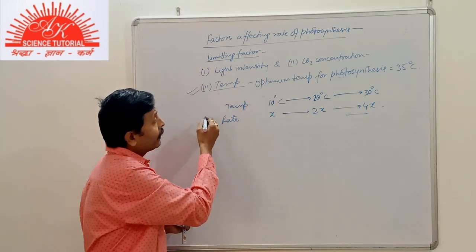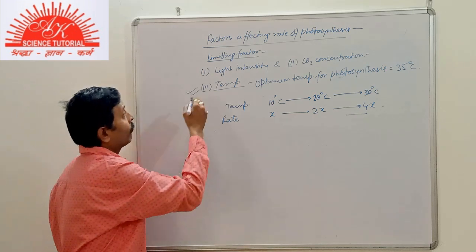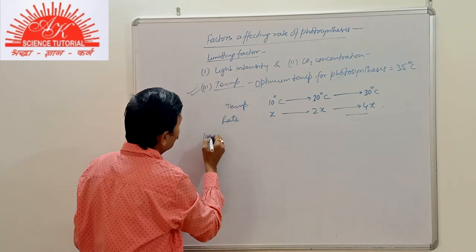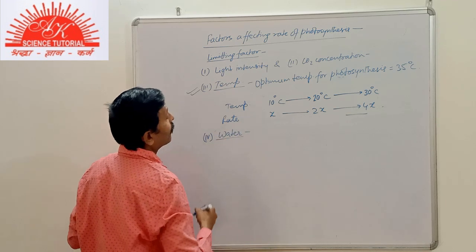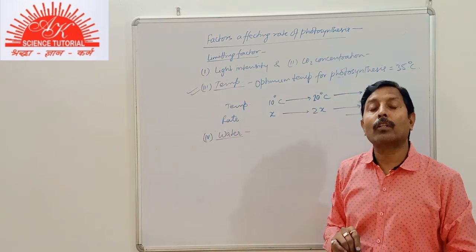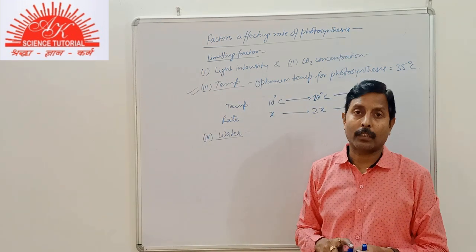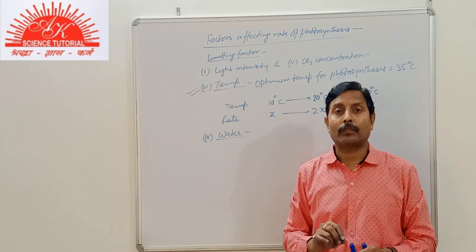Now, these were the main factors related to photosynthesis. We can take one more factor, that is water. Due to the deficiency of water, rate of photosynthesis is decreased due to the partial closure of stomata.